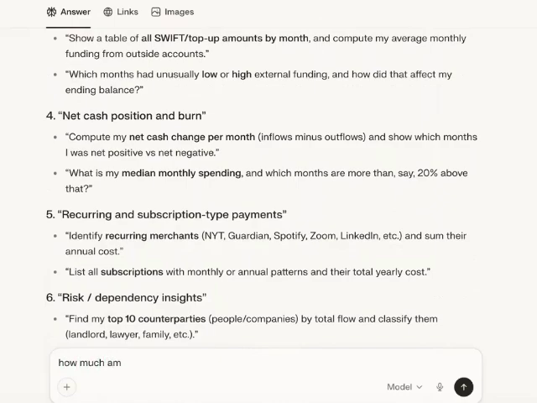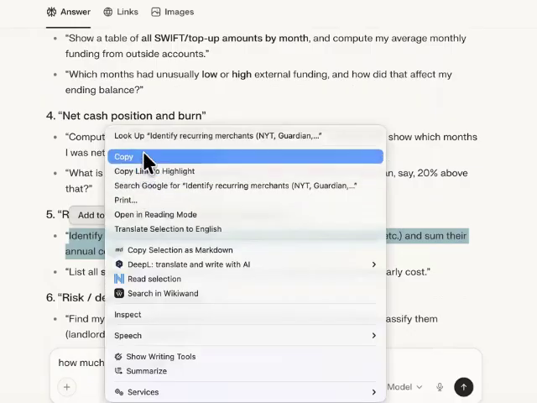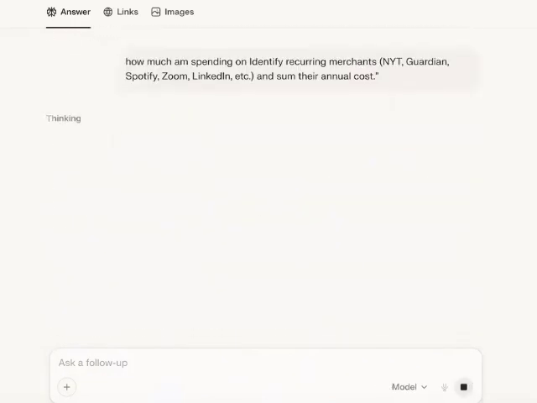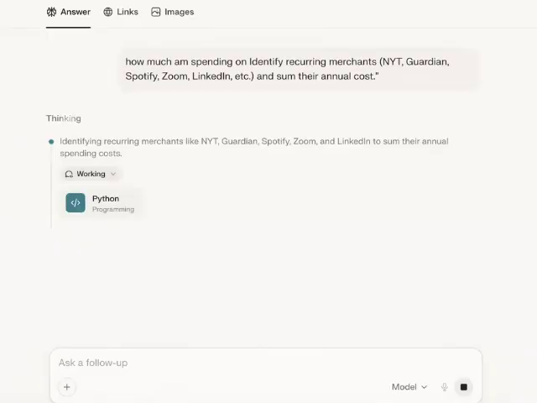So how much am I spending on these? These are monthly subscription fees. The New York Times, Guardian newspaper, the Telegraph, Zoom. I teach computer classes. Actually, I teach Ukrainian teenagers computer programming for free.